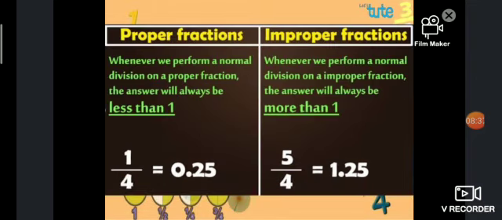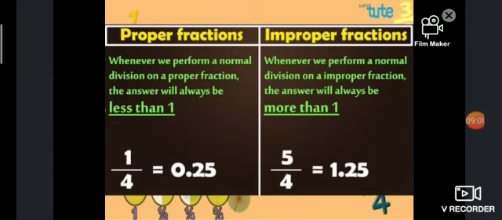Let's see what we learn. Proper fractions: whenever we perform a normal division on a proper fraction, the answer will always be less than 1. That means 1 divided by 4 will always be less than 1.